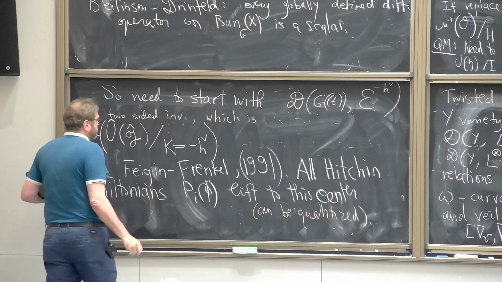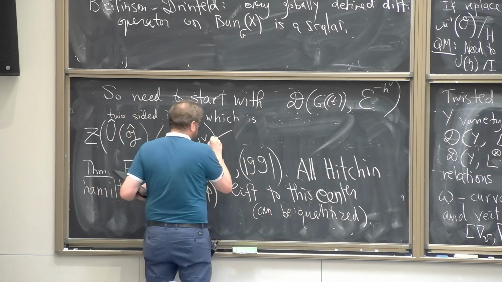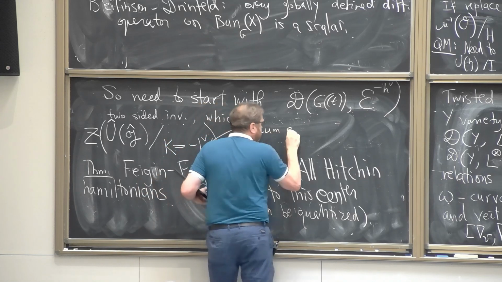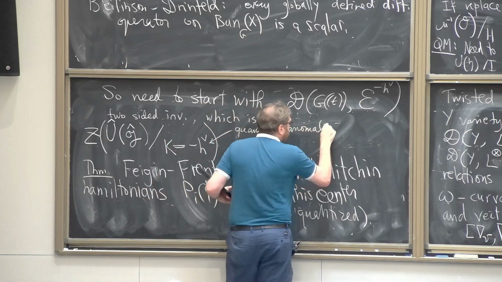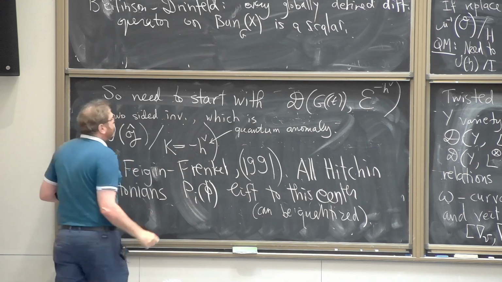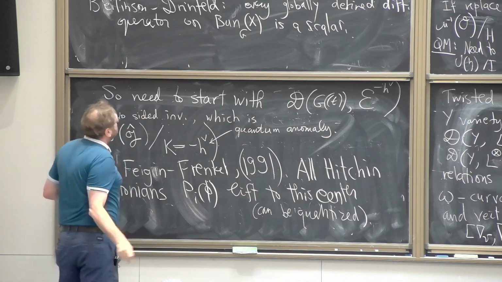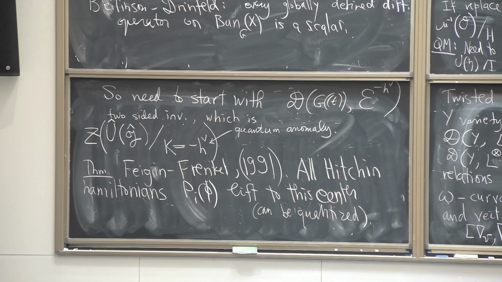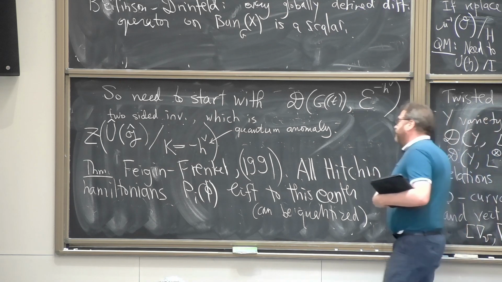So what happens is you get something that is called a quantum anomaly in conformal field theory. So for K equals 0, you don't have a center because you have that problem here with ordering. But if you account for the ordering by taking normal ordering, you will get what are called anomalies. But the anomalies vanish.